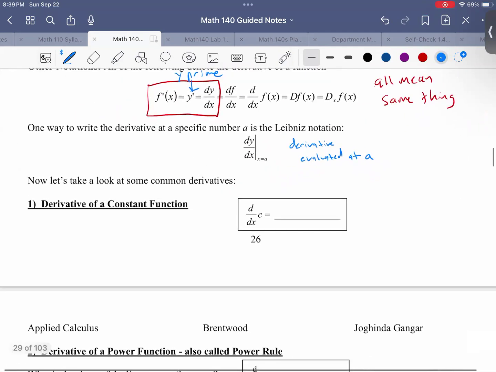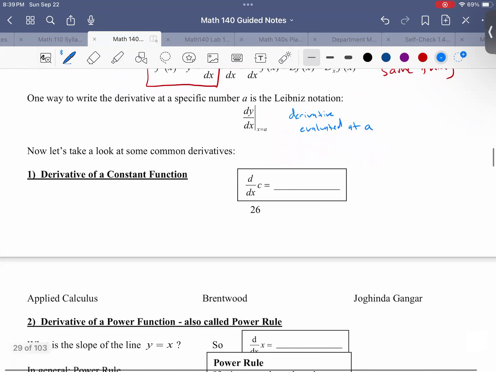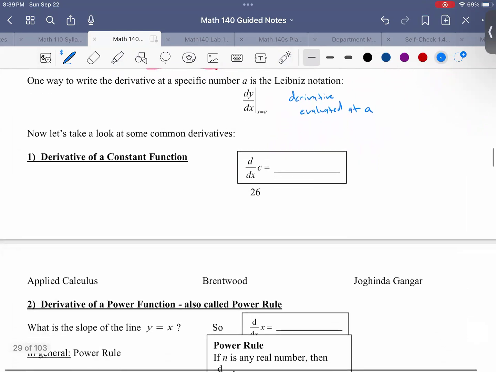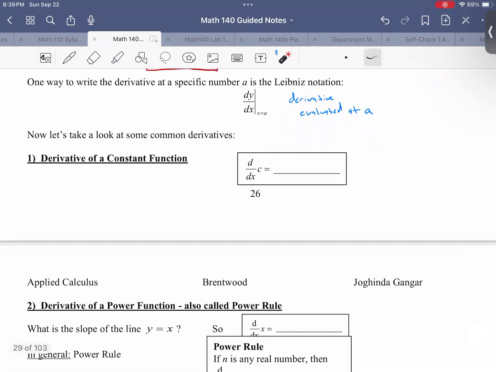But anyways, let's get into it a little bit. So here's our first rule: the derivative of a constant function. If I want to find the derivative of c, where c is just a constant, any constant, it's just a number, there's no variable attached.